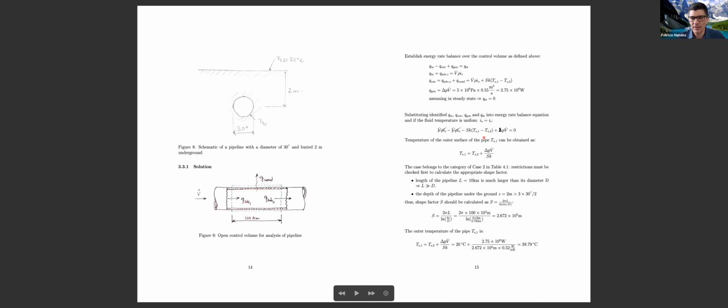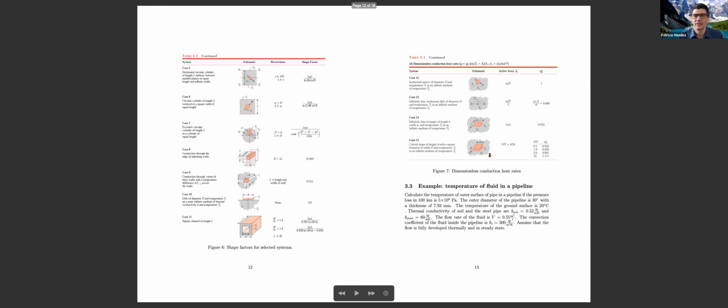If I solve for this, I can calculate TS1, the temperature of the soil surrounding the pipe, just by solving this. I need S, and this value of S, let's see if we have it.